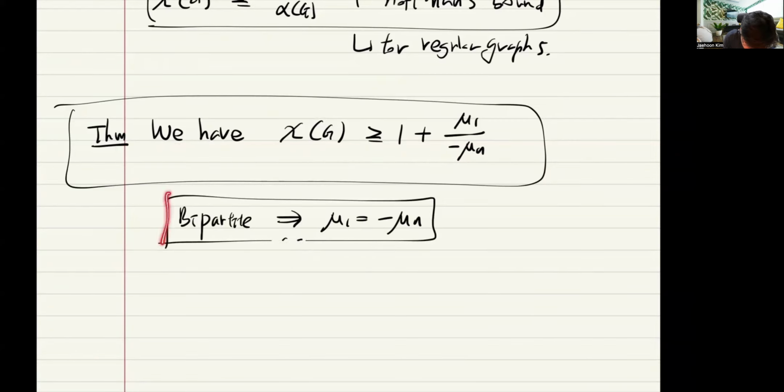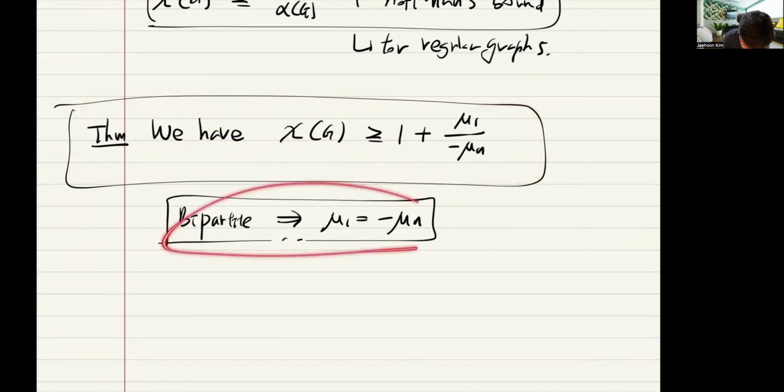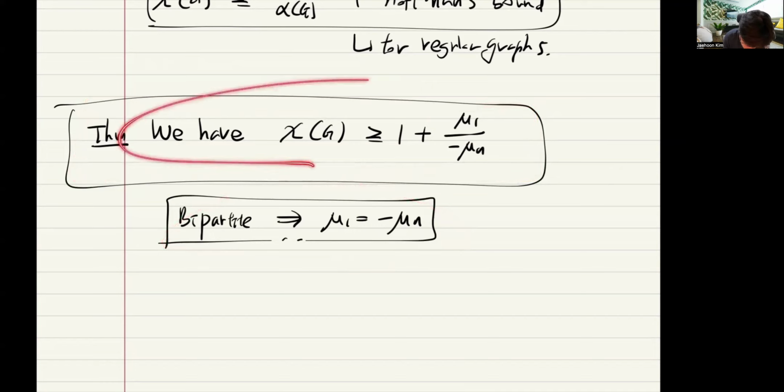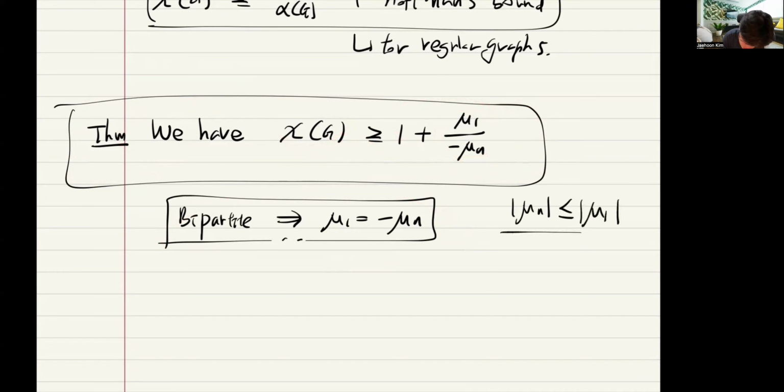I mentioned it without proving it, but it's also not difficult to prove. Anyway, this statement is in some way a generalization of that statement. If the chromatic number is 2, this is at most 2, so this is at most 1. But we know that this holds.